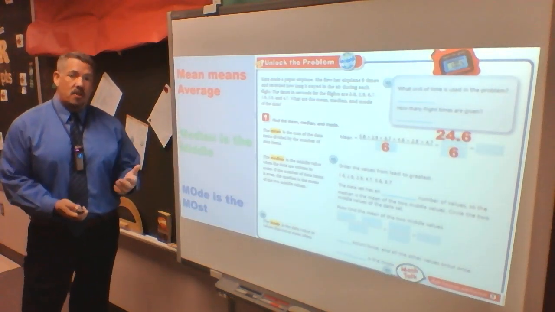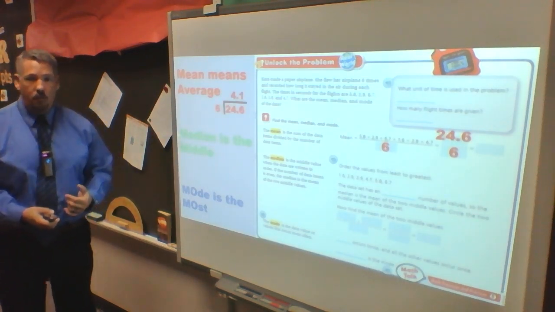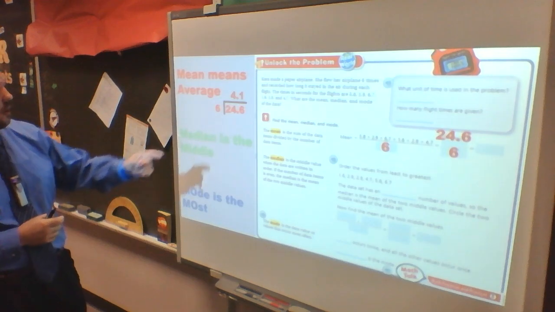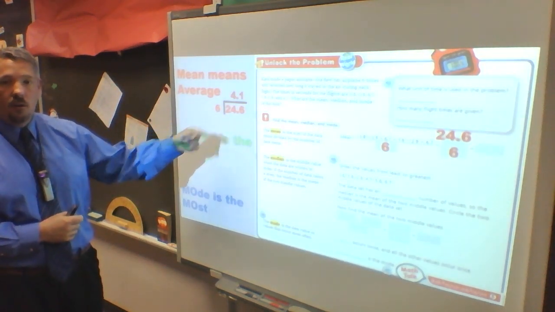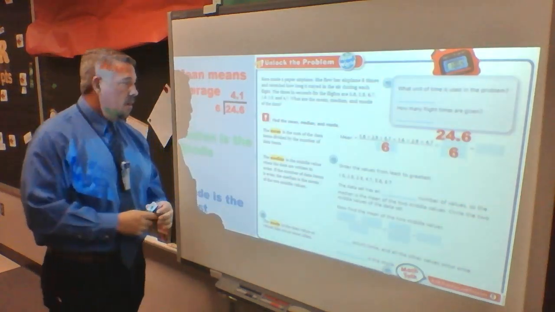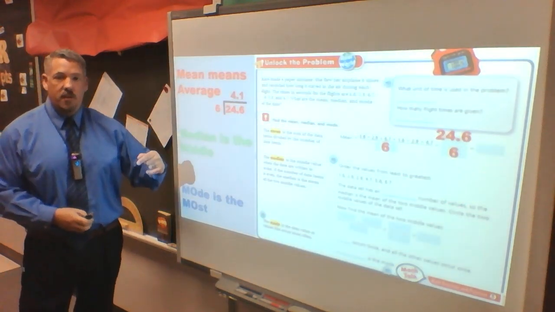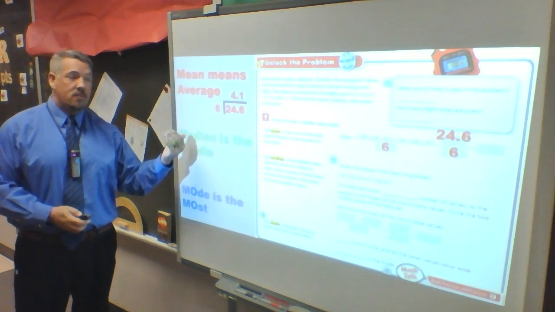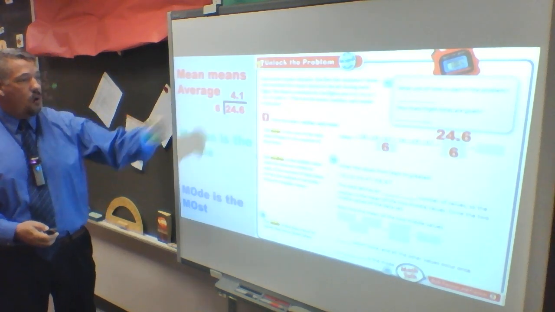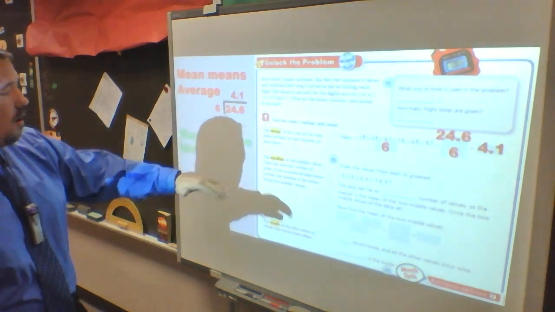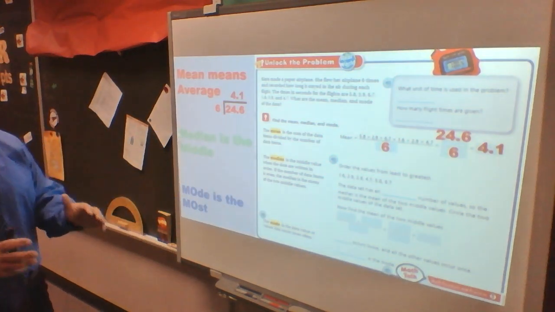Then when I get my total, I have to show my division problem so that I know how I'm getting my mean. Once again, my numerator goes inside my box. I got 24 and 6/10 as my numerator. It goes inside my division box. My denominator is my divisor on the outside. And I divide to get a quotient of 4.1, or 4 1/10. So my answer for my mean is 4 1/10.